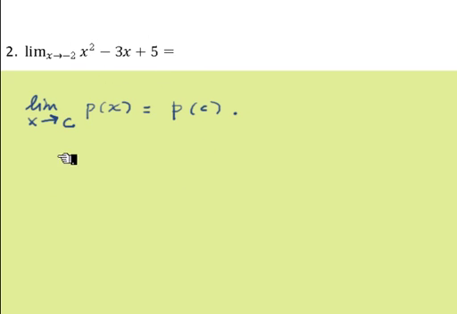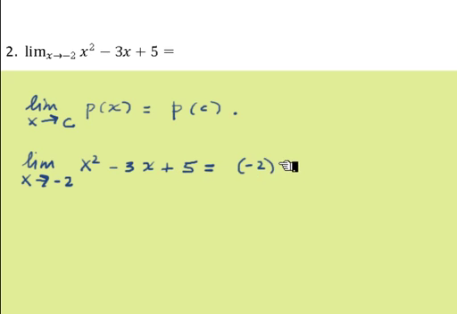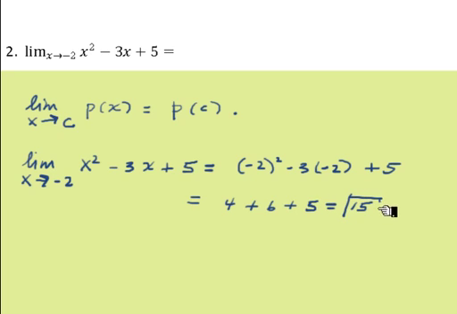So since this is a polynomial, all we have to do is substitute in minus 2. So we have 4 plus 6 plus 5, and that's equal to 15. The limit is 15.